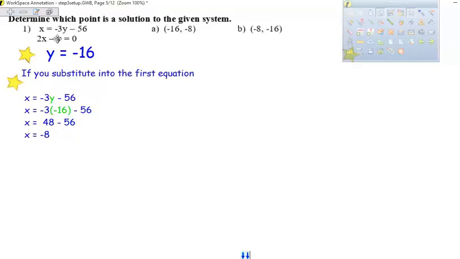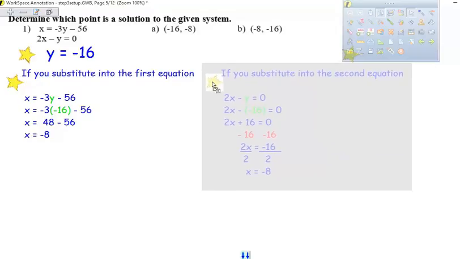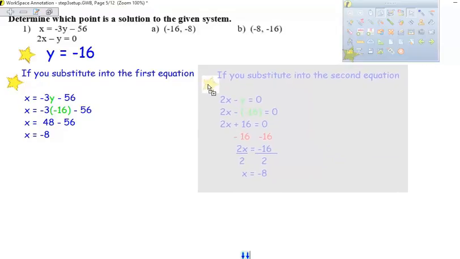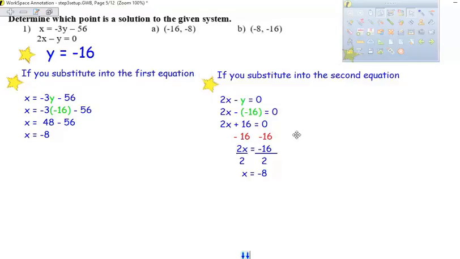Now, if you chose to substitute the y value of negative 16 into the second equation, then you should have had something that looks a little bit like this one. So here you would sub out y, so y comes out of the game and the negative 16 goes in.